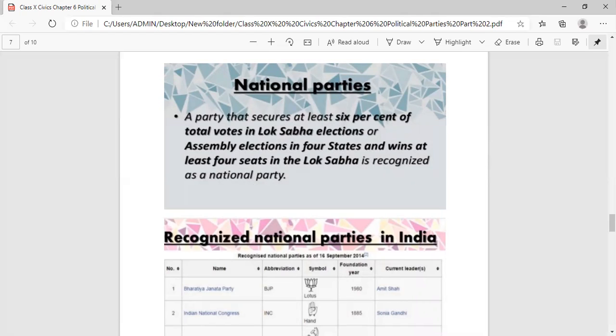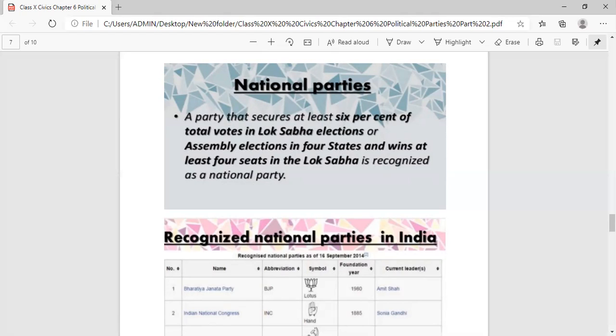State political parties are also known as regional political parties. So in India, we have predominantly two types of parties, the national party and the state party. Now, the criteria to become a national party and a state party are different.